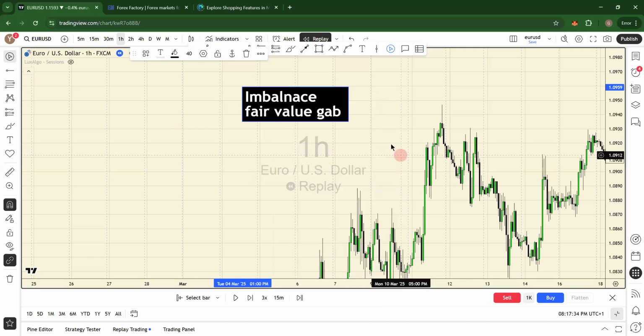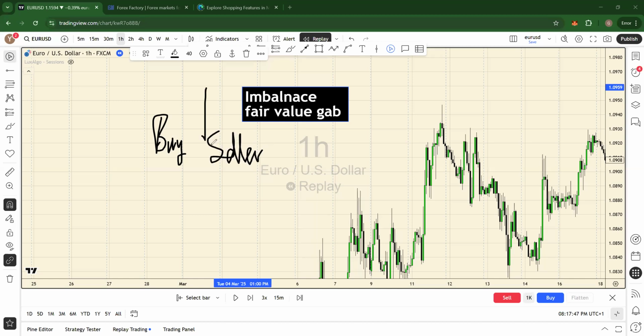Okay, so now an imbalance in the market, just to put it in layman's terms, is a situation where we have buyers and sellers, and the volume that they are bringing in is not equal. It's just like we have about 100 million buyers buying an asset, and we have just about 1 million sellers.